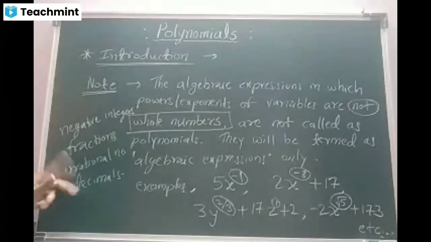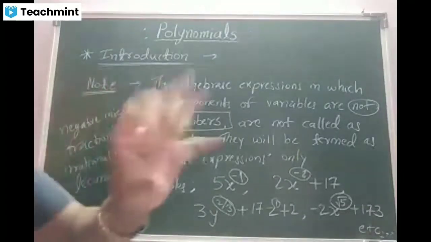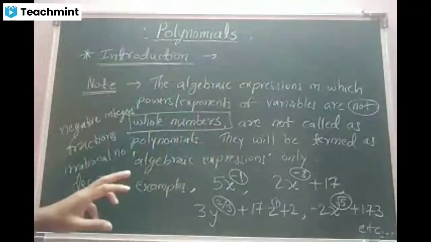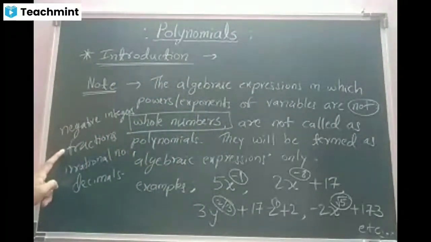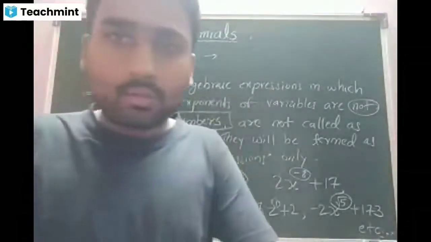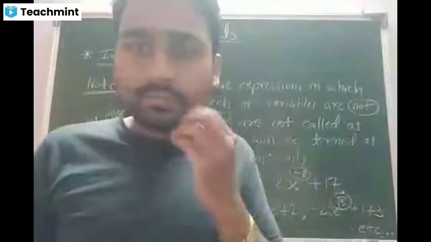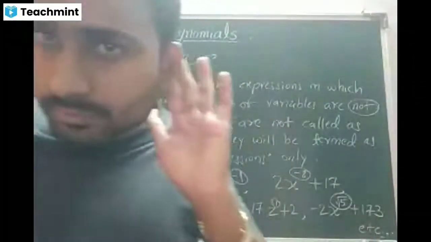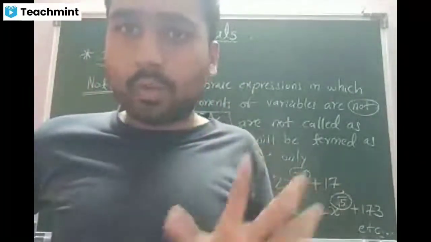So in simple words, if the powers are negative numbers, fractions, irrationals or decimals, then the algebraic expressions will not be called polynomials. All of you understood the concept, beta? This is the actual meaning of polynomials.